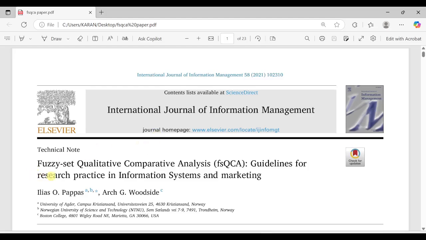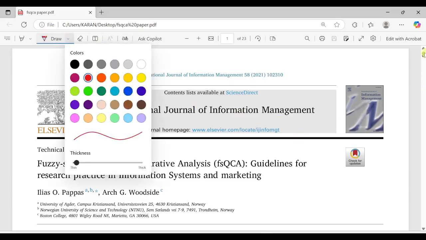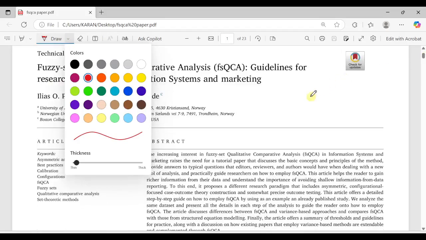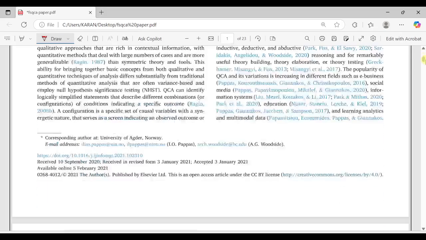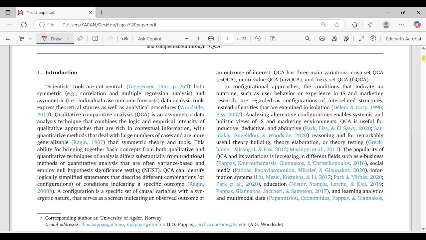So this is the paper by Pappas and Woodside, 2021, International Journal of Information Management. Now it lays down the guidelines on how to do fsQCA and how to interpret the results. You see, it also tells us about the different advantages of fsQCA over the traditional methods.